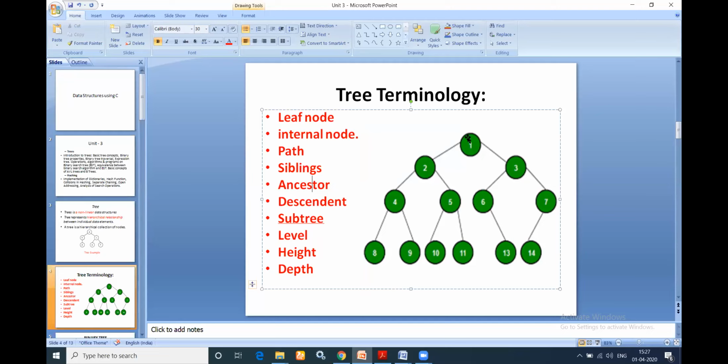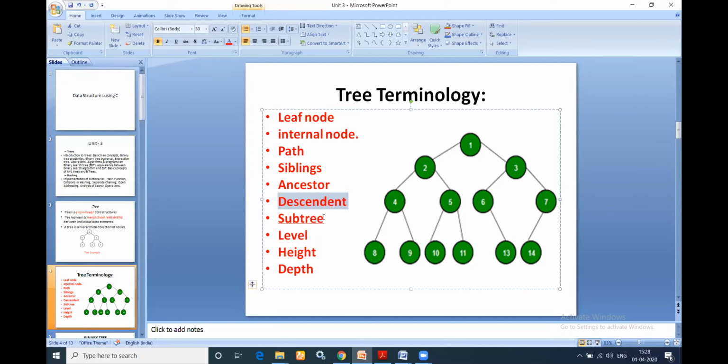There is no ancestor for the root node 1. And what about the descendant node? When you take the root node, who is the descendant? The descendants are 2 and 3. Okay. So these are the terminologies we are seeing.